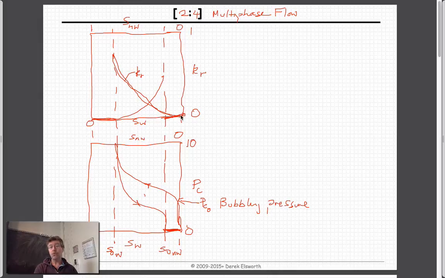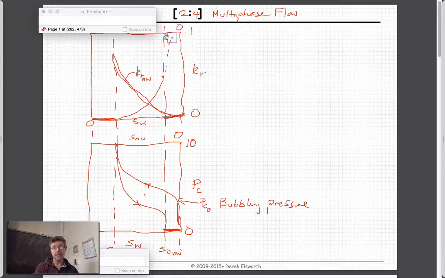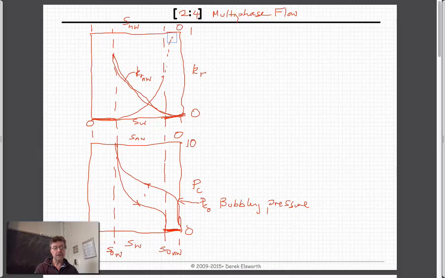Well, since we're 100% water saturated and it gives a relative permeability of 0, it's probably not the water one. I was going to say water, but it's not. This is the non-wetting. And here we're not quite sure exactly how this might go through here, but we expect it to pass its way up to this point. So this here has to be the relative permeability of the wetting fluid.